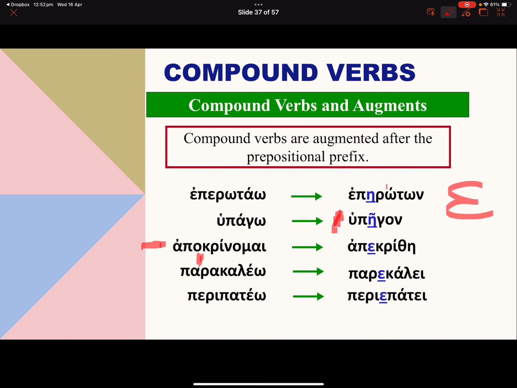That's just something to be aware of with compound verbs, because you can get confused when you don't see the augment at the start of the word, and you might assume it was a present tense or a future tense, because you've missed that augment in front of the main verb itself.